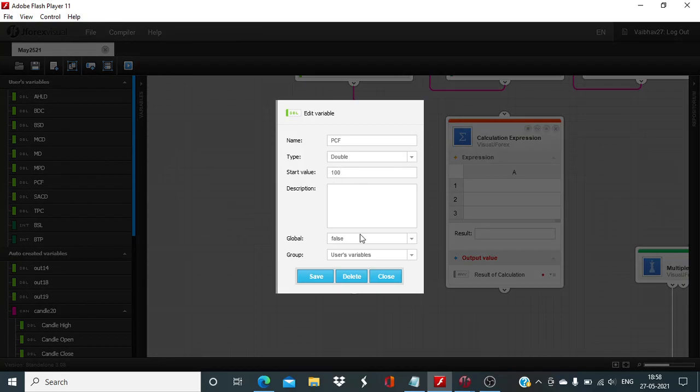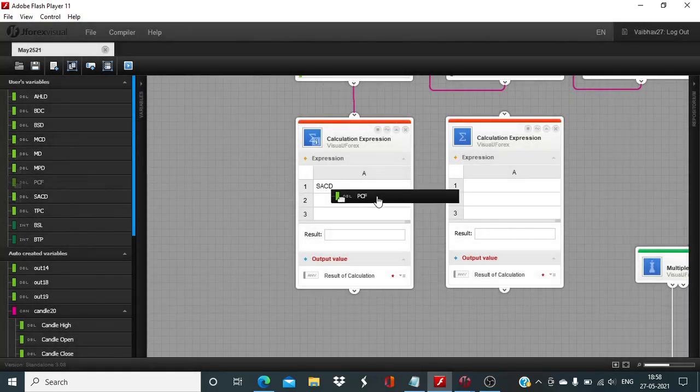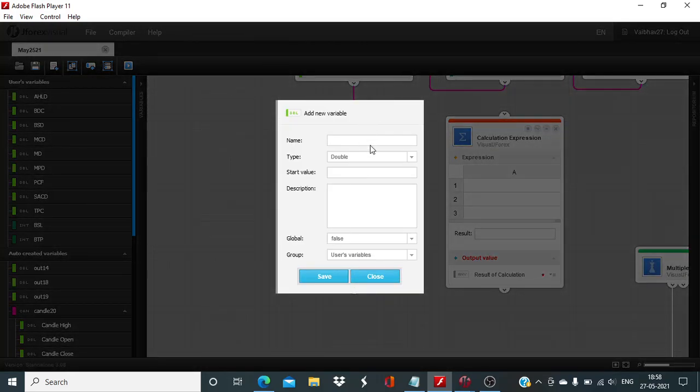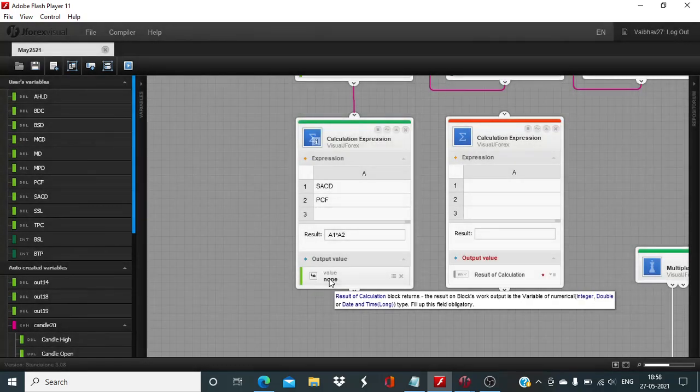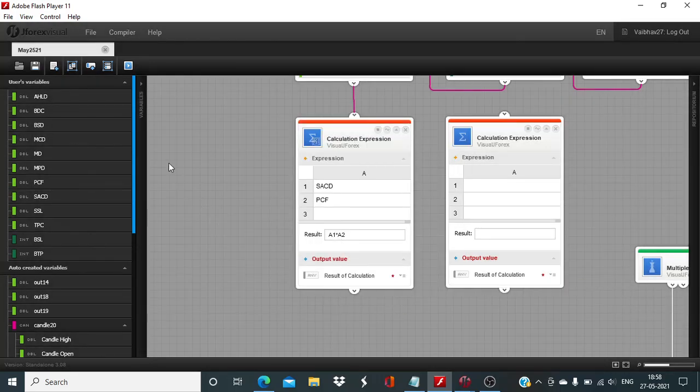This is 10 raised to the power 200. A1 into A2. Oh I forgot, we will not create this output value variable just yet.